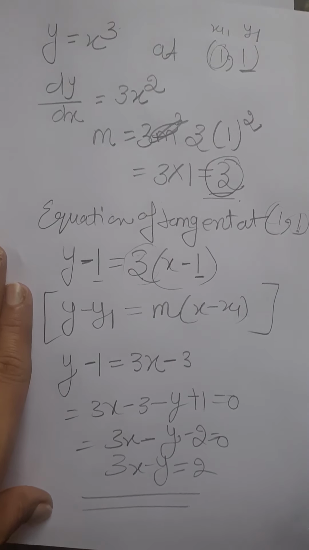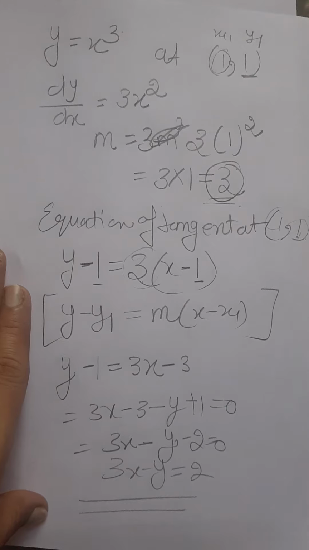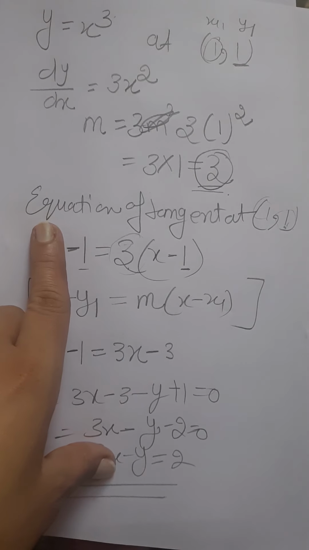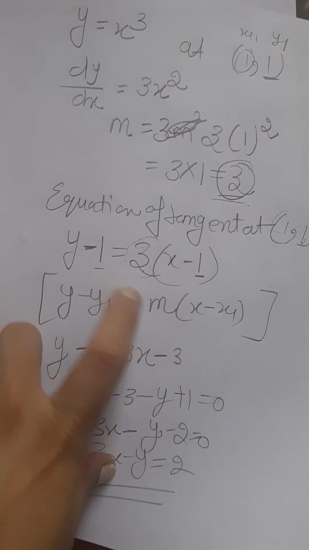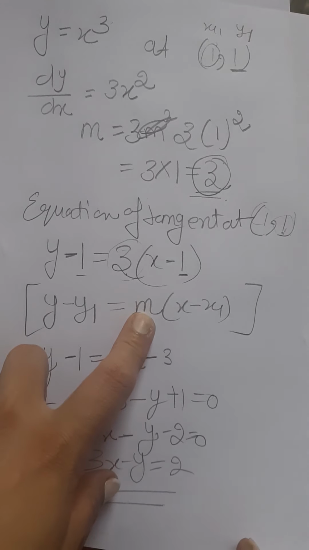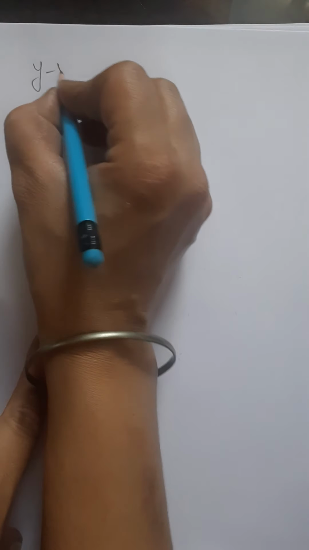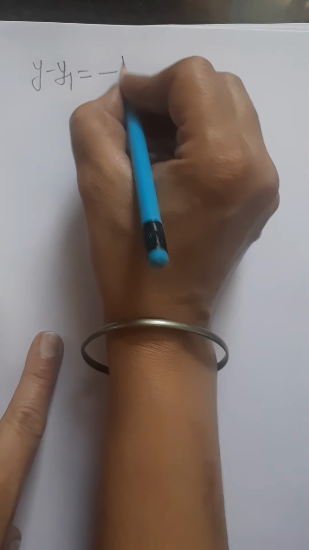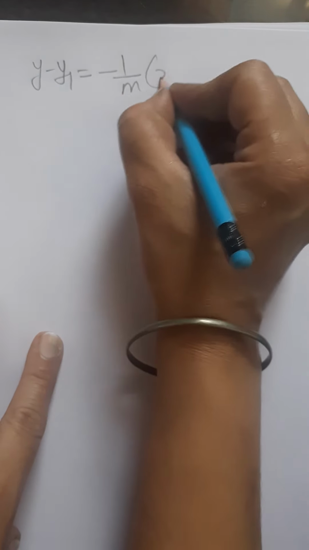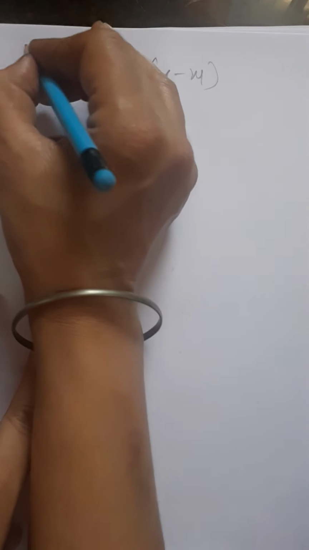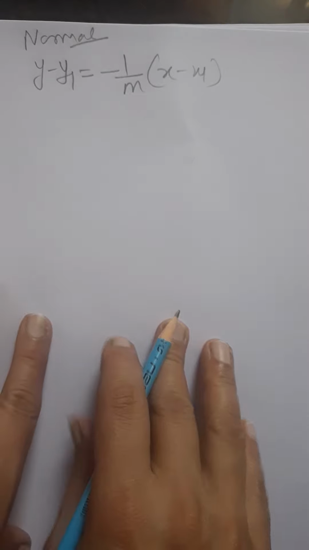Now we move on to the equation of the normal. From the same example, we only change one thing: we put minus 1 upon m instead of m. So we write y minus y1 is equal to minus 1 upon m times x minus x1, for the equation of the normal.